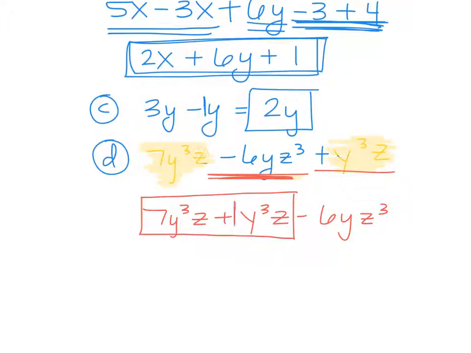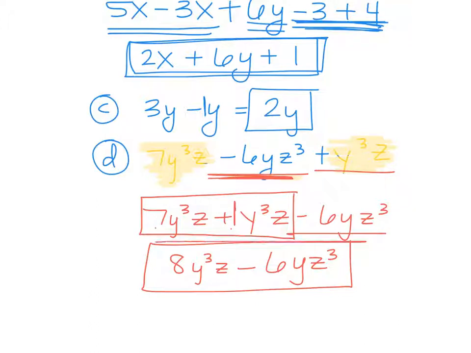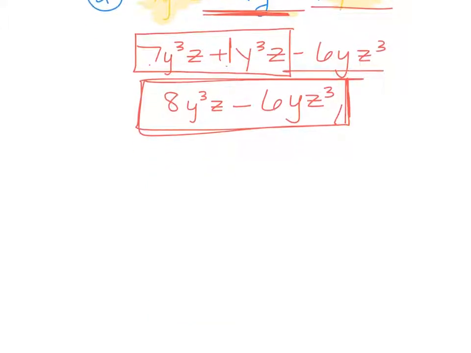This is 1 out in front, so 7 plus 1 is 8, y to the third z. Okay, and then this part we can't simplify, so it's just going to be minus 6yz to the third, and we're done. Okay, we can't combine any further because they're not like terms at that point, so we're just done. Questions on that? Okay, last one.